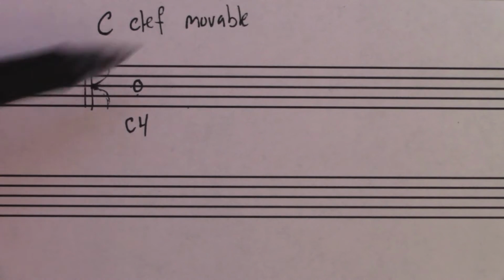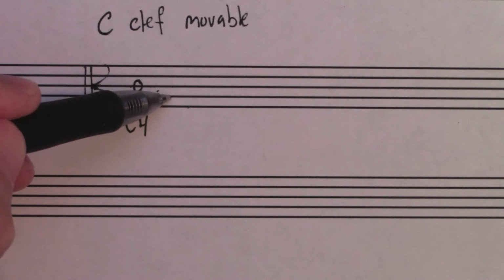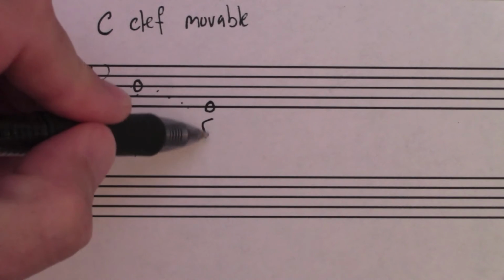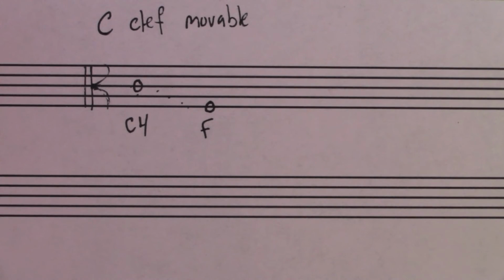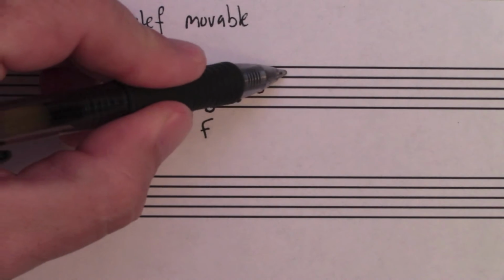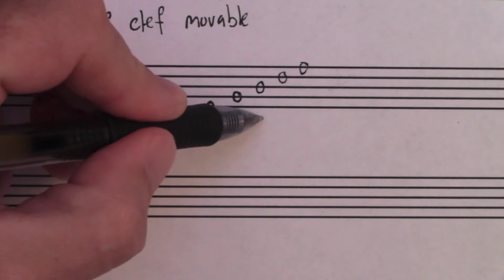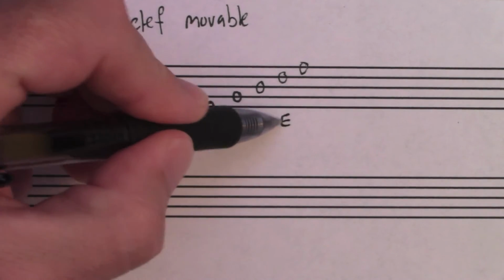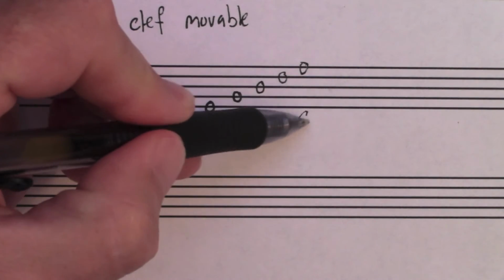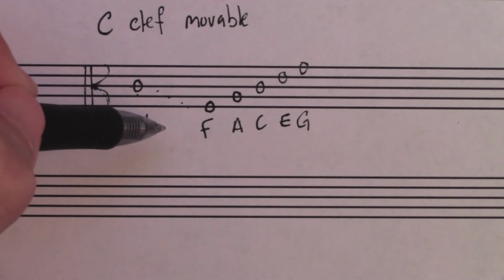So if this is C, if the line is C, what is the bottom line in this clef? Well, C, B, A, G, F. And so if we do the line and space thing, this is just one way to do it, we will get F, A, C, E, G, B, D, F. Which means the spaces are what?